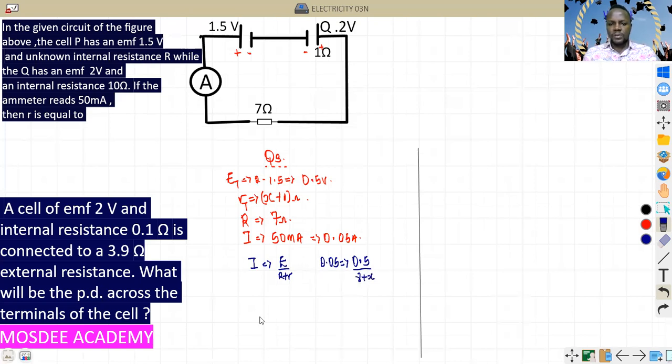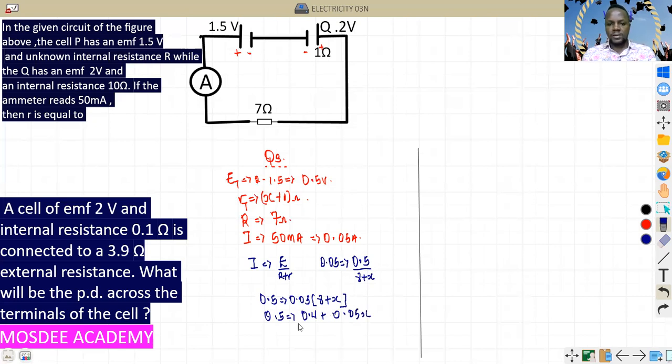Directly, you can cross multiply. And if you do that, what you're going to have is 0.5 equals 0.05, open bracket, 8 plus X. So what you do now is expand, which I believe you can finish. This is going to give you 0.4 plus 0.05x.